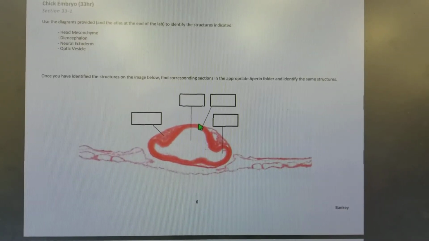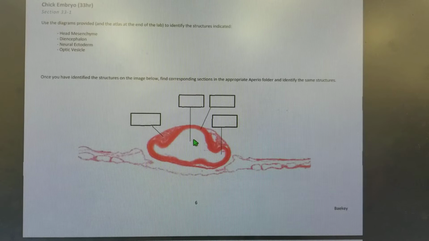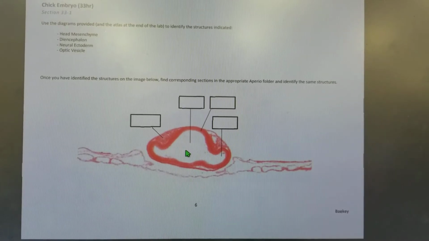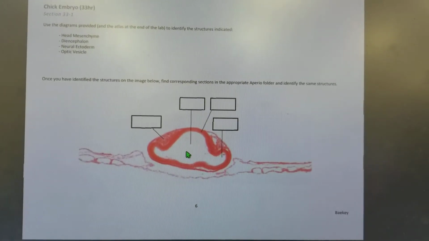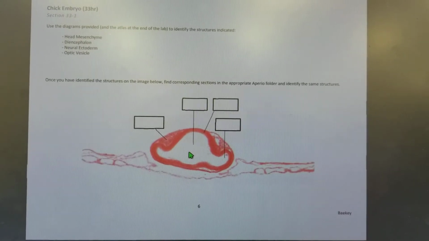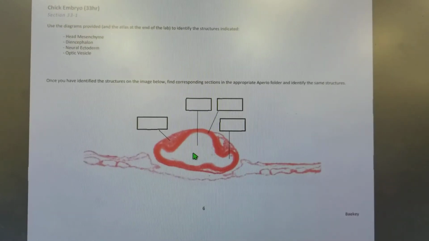at particular levels within the brain, we can identify areas that are going to develop into particular regions of the brain. In the early brain, we have what is referred to as the prosencephalon, mesencephalon, and rhombencephalon.